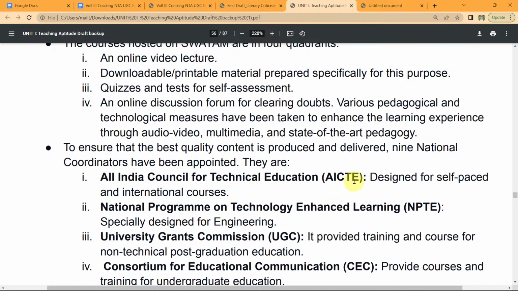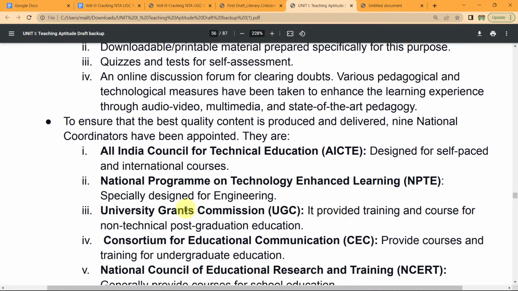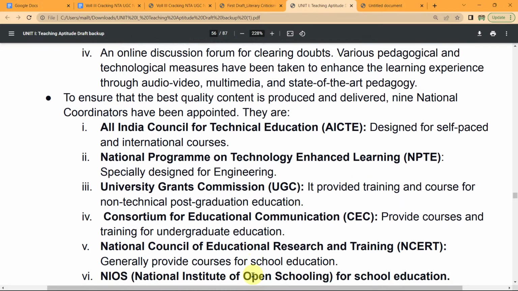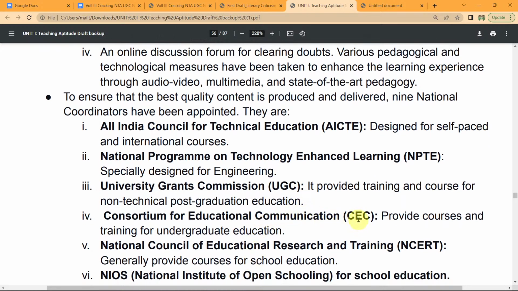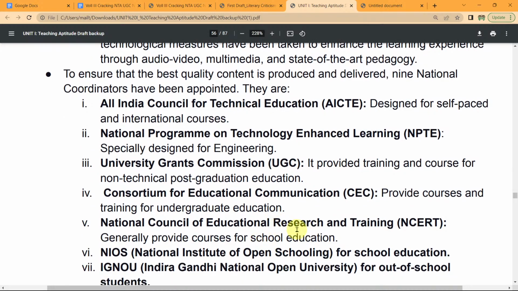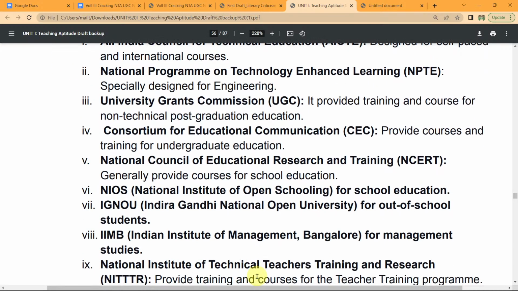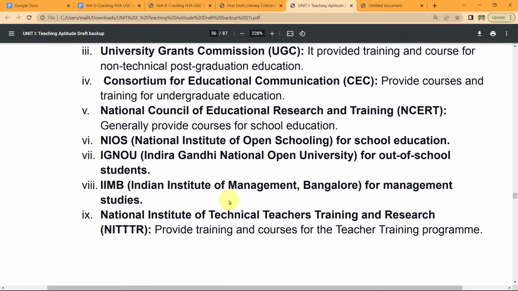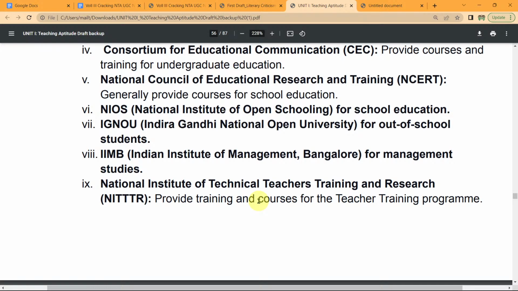Remember: AICTE, NPTEL, which is National Program on Technology Enhanced Learning, University Grants Commission, Consortium for Educational Communication, that is CEC, NCERT, National Council of Educational Research and Training, and NIOS, that is National Institute of Open Schooling, IGNOU, Indira Gandhi National Open University, IIM Bangalore, IIT Bombay, and National Institute of Technical Teachers Training and Research.